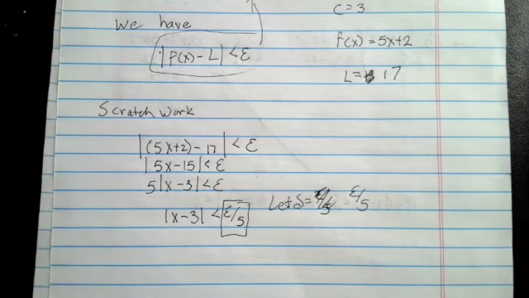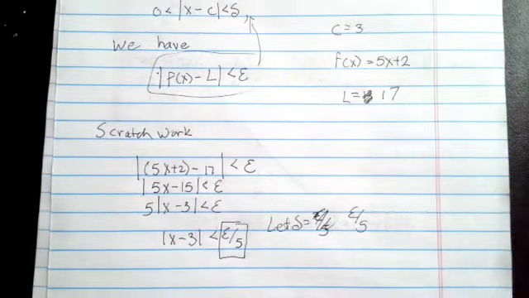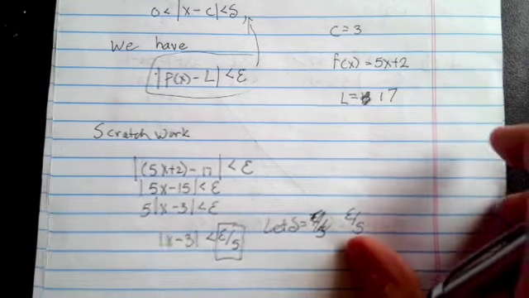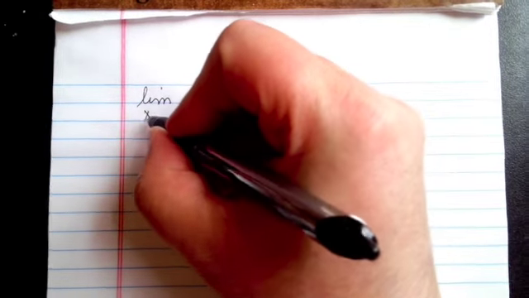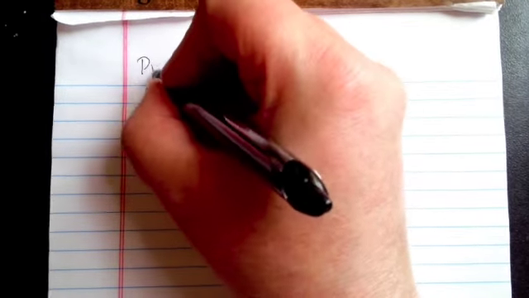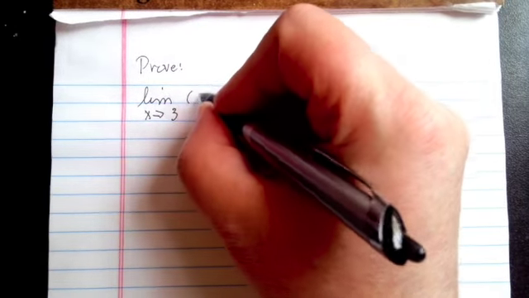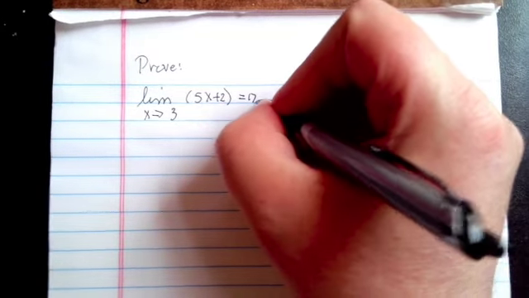Alright, so let's turn this into a proof. How are we going to do that? Well, basically what we're going to do is take this and turn it around backwards and then throw in enough explanation that the whole thing flows smoothly. So we start with the statement: prove that the limit as x approaches 3 of 5x plus 2 equals 17.